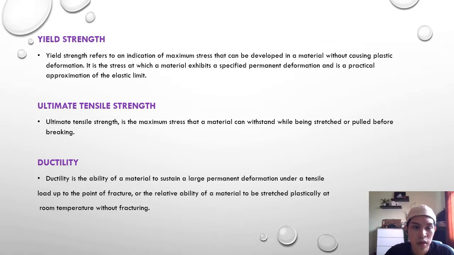Ultimate tensile strength is the maximum stress that a material can withstand while being stretched or pulled before breaking. Last, ductility. Ductility is the ability of a material to sustain a large permanent deformation under a tensile load up to the point of fracture, or the relative ability of a material to be stretched plastically at room temperature without fracturing.